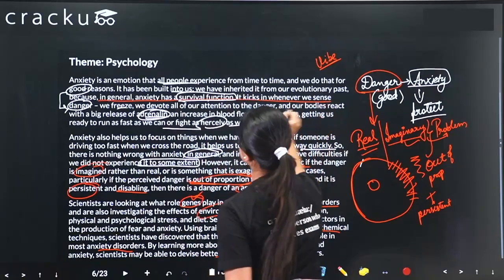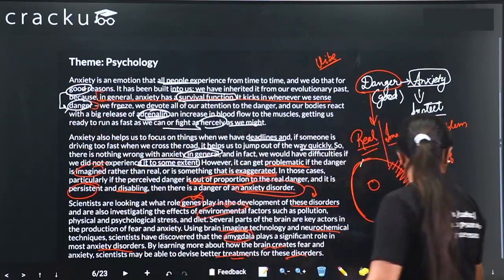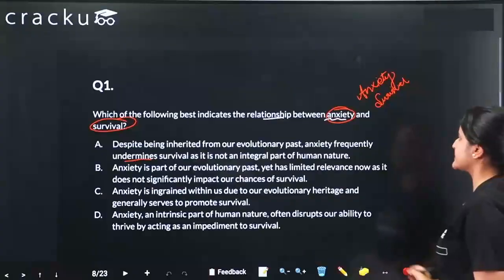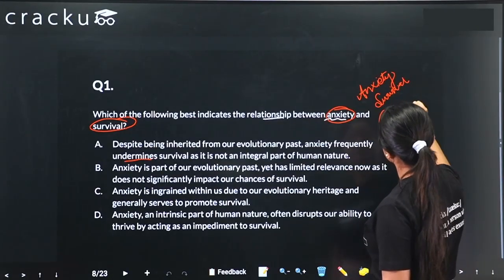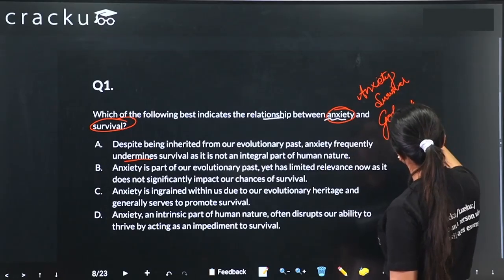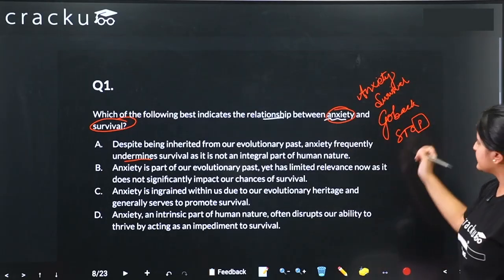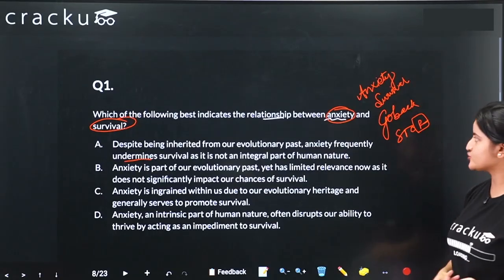It kicks in when we sense danger. Yes? So, again, these are the best kinds of questions because you can simply go back to them. You can follow the T part of the S.T.O.P technique, that you can simply pick out the portion from the passage.